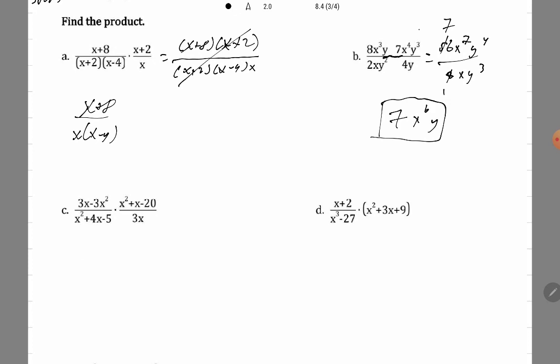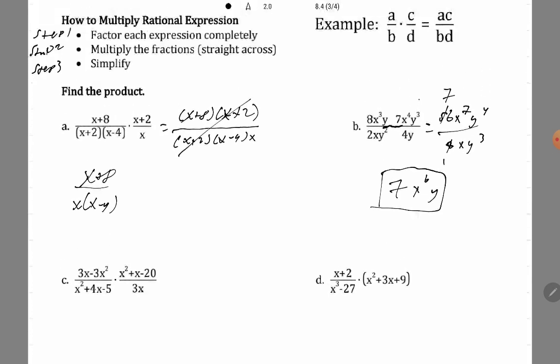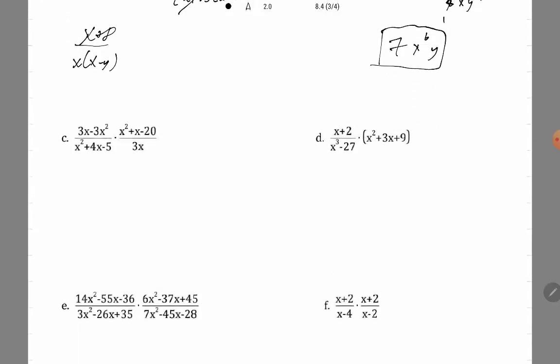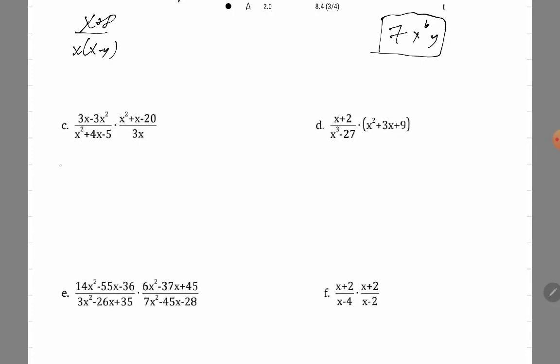Part C. So now it gets a little bit complicated. So what you want to do, back to step 1, factor each expression completely. So let's factor all these.